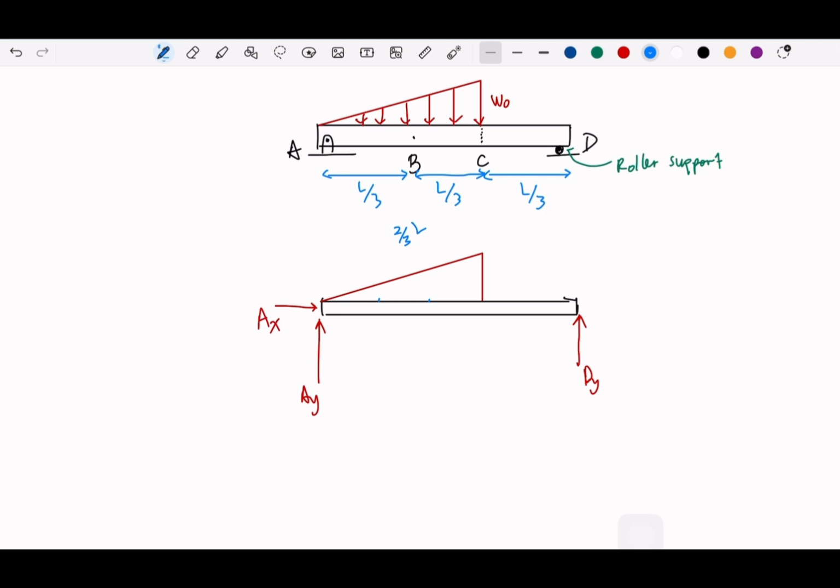So we have another distance here, which will be our resultant.